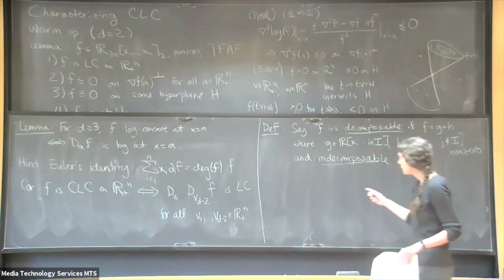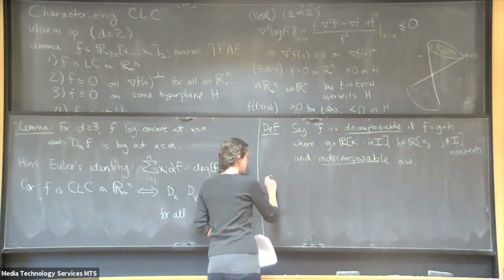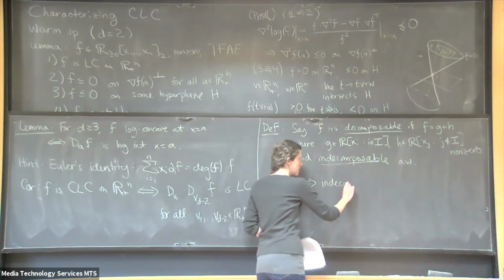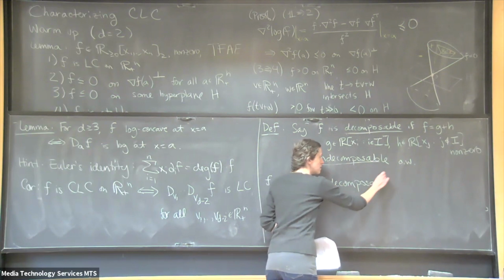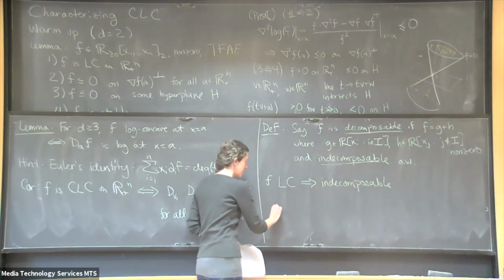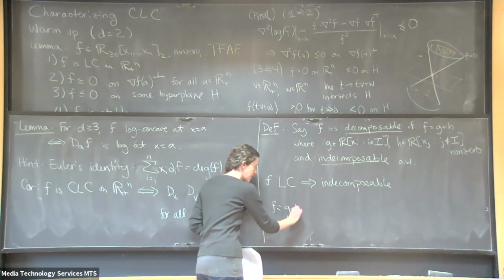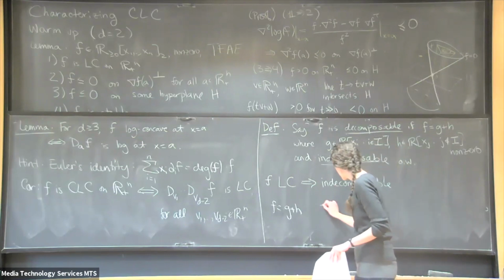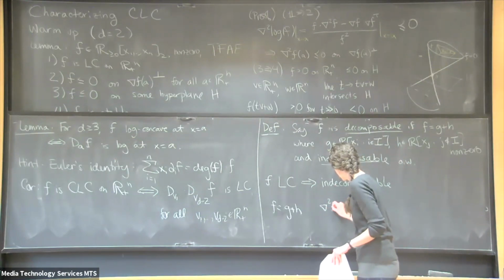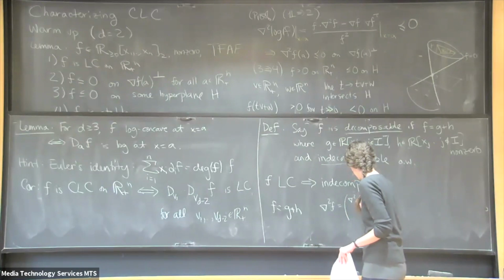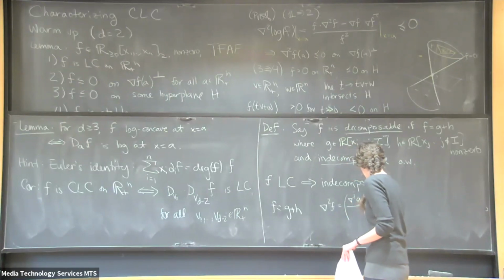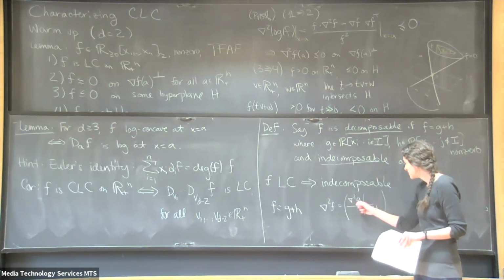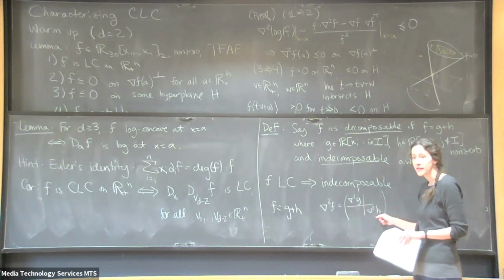And I'll just note that if you have a polynomial that's log-concave, then I claim that implies that it is indecomposable. Because if you could write it in such a way, g within the first k variables and h within the last variables, if you look at its Hessian, you're just going to get a block diagonal matrix, and there's no way where these have non-negative entries.